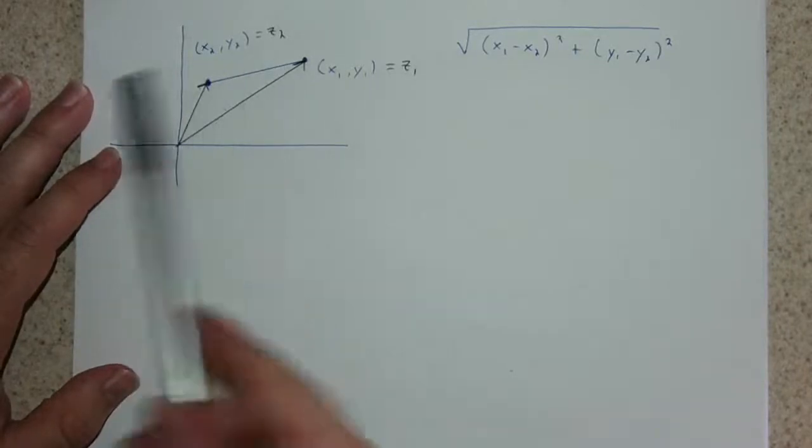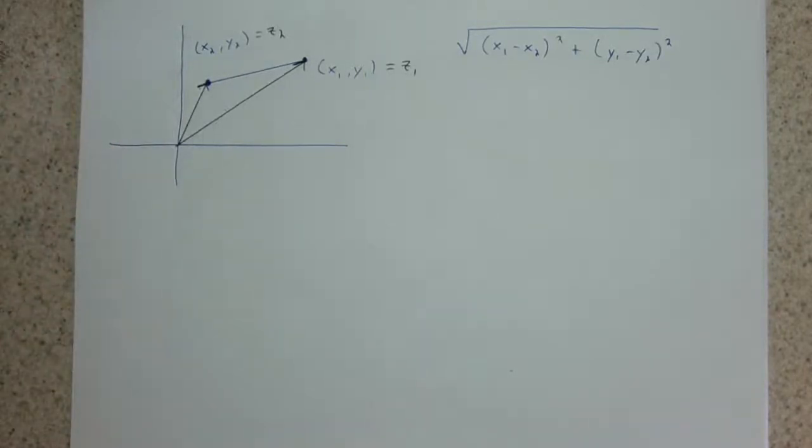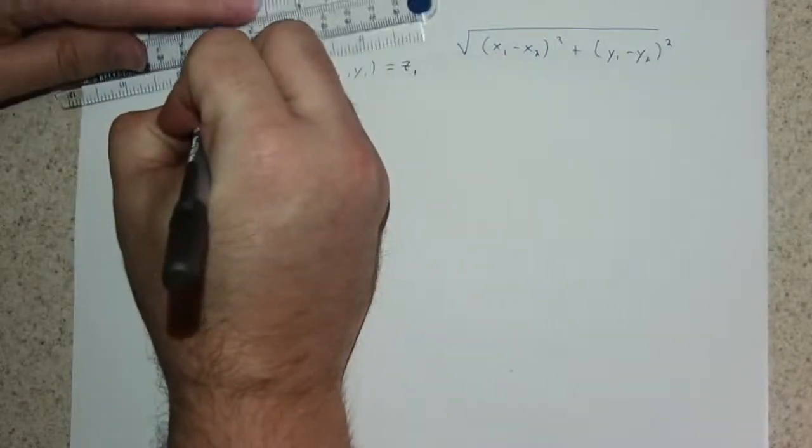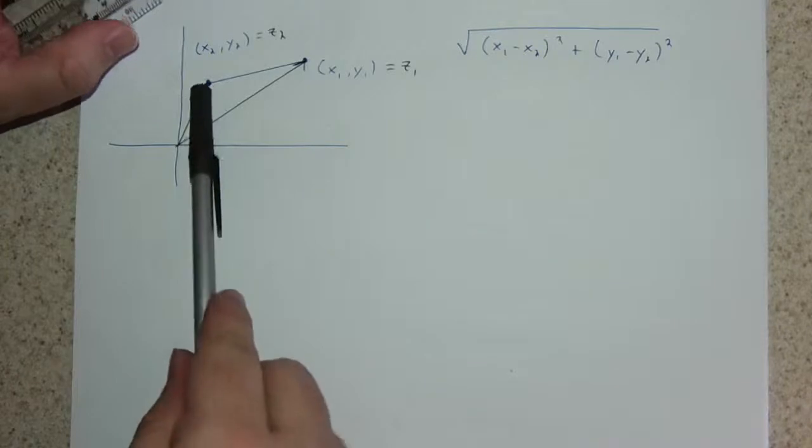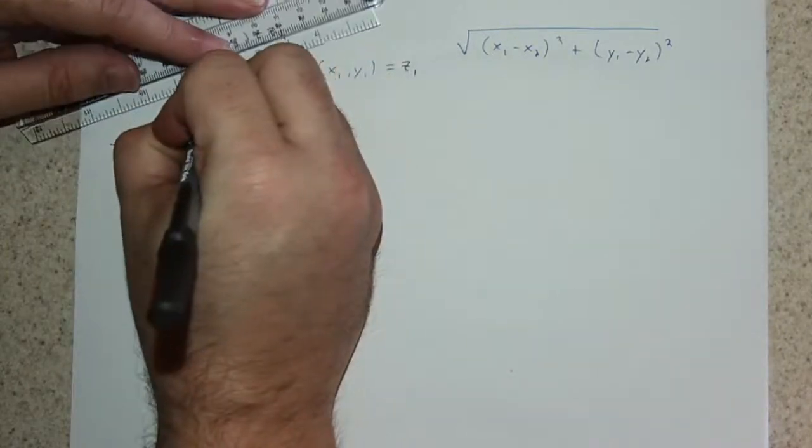Okay, well then in terms of vectors, what can I say about the vector that's directed, say, from z sub 2 to z sub 1?